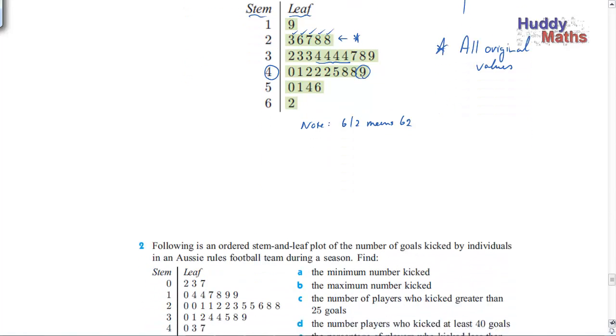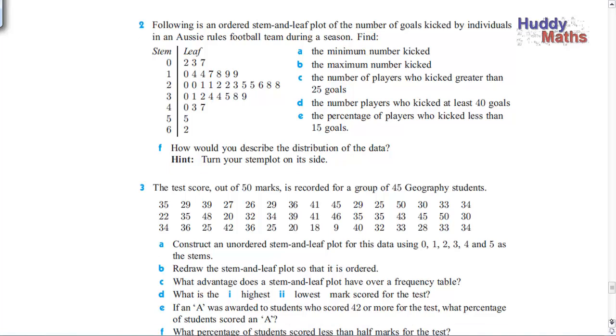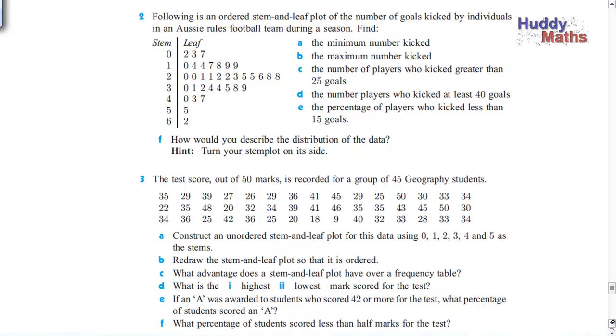Here are some questions. Can you do a stem and leaf plot? Here's question 2 and 3. There's a stem and leaf plot given in this one, and the idea is to be able to read it. And just watch this. What sort of distribution is it? Turn your stem plot on its side. Can you see any shape there if you put it on its side?